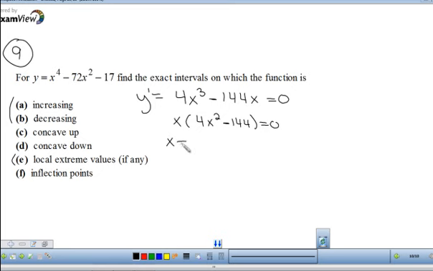So we get x equals 0, and 4x squared equals 144. So x squared equals 36. Okay, so x is going to be plus or minus 6.